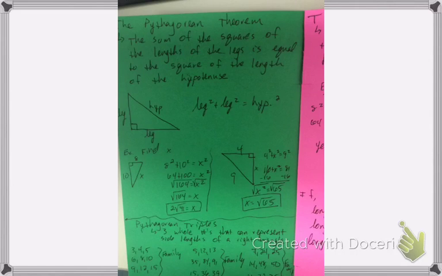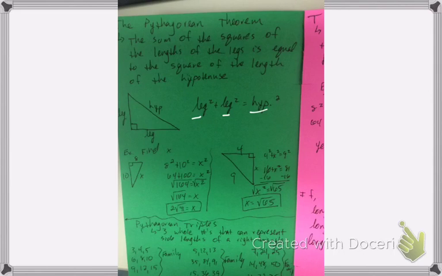One, because it's just a way to enforce the vocabulary behind a right triangle, but two, because it can get a little confusing as far as which side's A, which one's B, which one's C. So start thinking about legs and hypotenuse, and what the Pythagorean theorem actually says is leg squared plus leg squared equals hypotenuse squared. Okay?